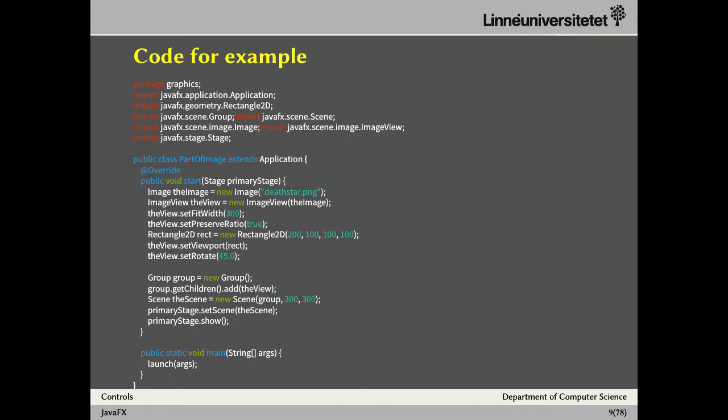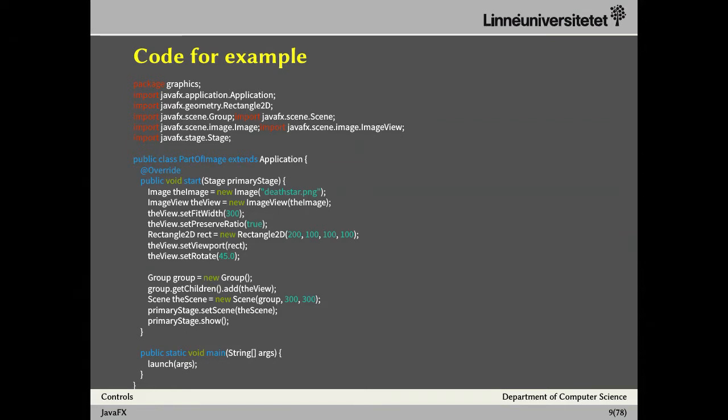And then Rectangle2D is the class that we use in order to create an object which is a rectangle which we will put onto the viewport and cut out that part. So the coordinates are for the rectangle, and then we cut out that part by setting setViewport to this rectangle, and the next line, setRotate 45, rotates the image slightly.